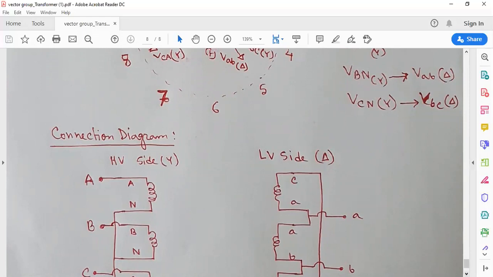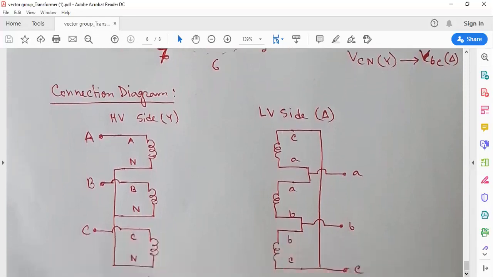Then VCN is related to VBC. We have to write it here. Now we have to add all the A. This A and A connected, B and B connected, C and C connected, drawn out A, drawn out B, and drawn out the C points. This is the delta connected side, this is the Y connected side.